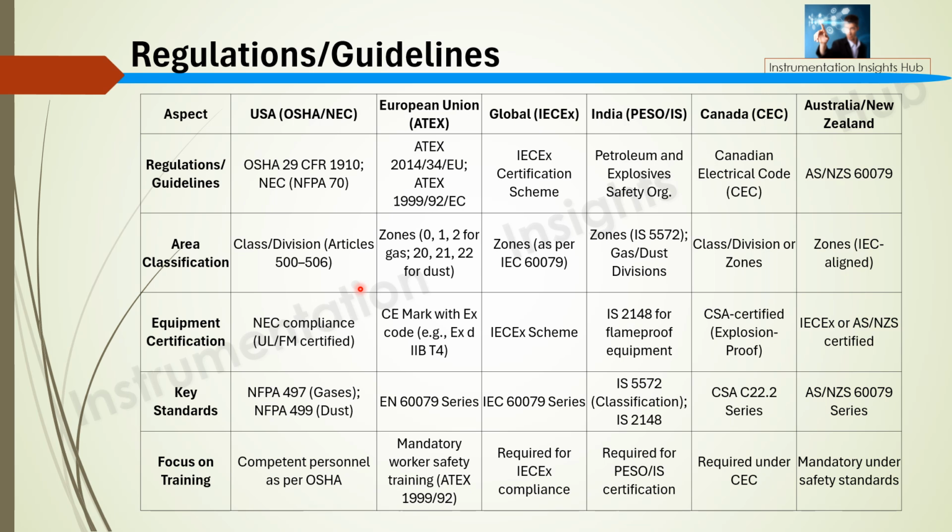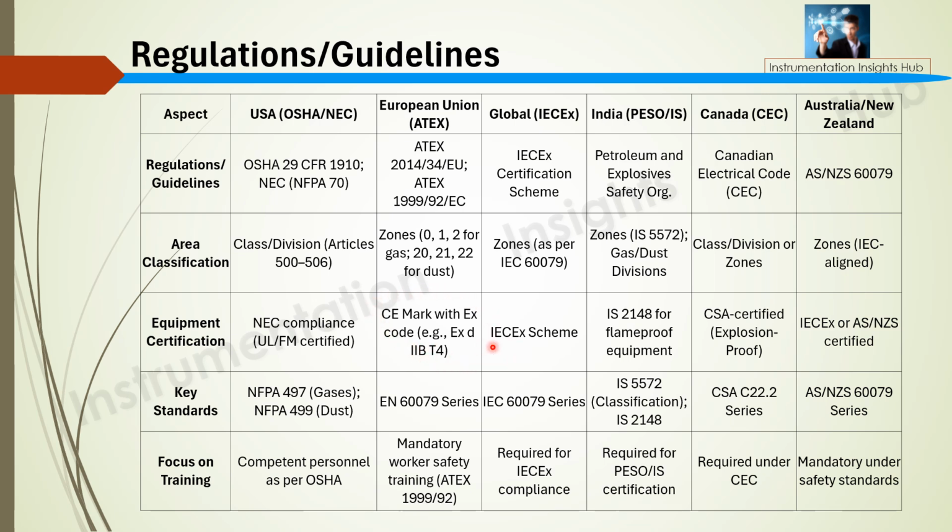So what equipment certification is required under the various continents? You can see here equipment certification: NEC compliance, CE marks with Ex. I will show you one example where both CE and Ex certificate marking is there, and I will explain that also.